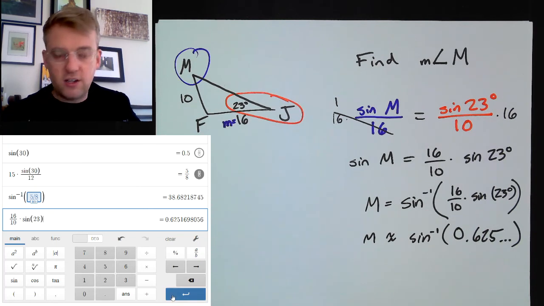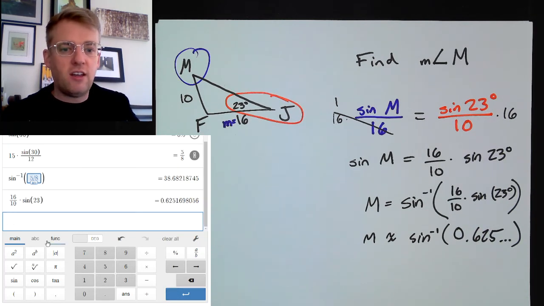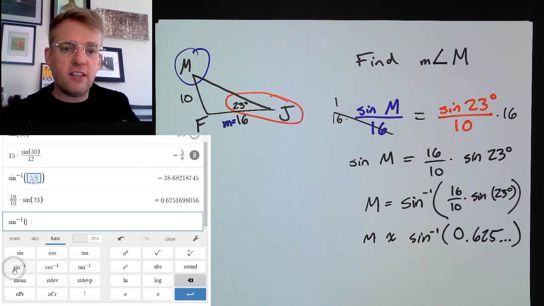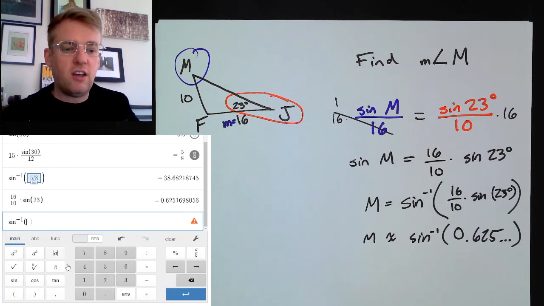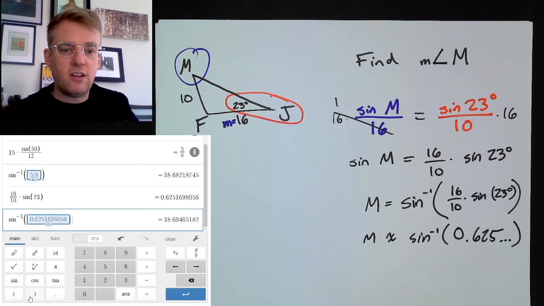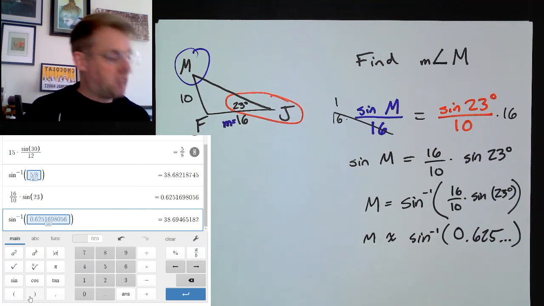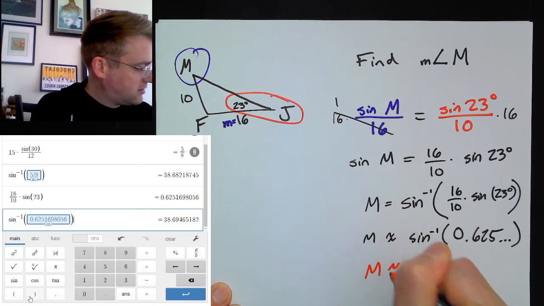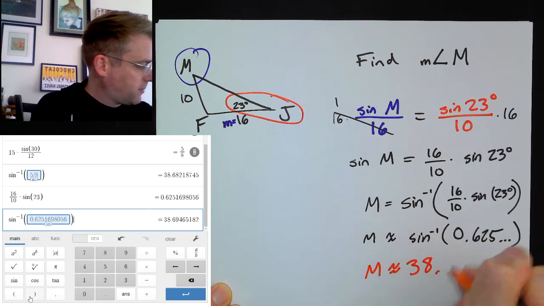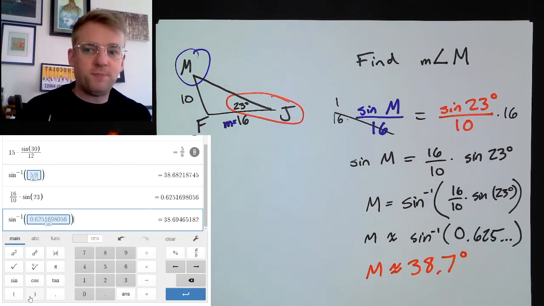I'm going to hit enter so that that's my answer, and now take the sine inverse of that answer and get 38.7 degrees.